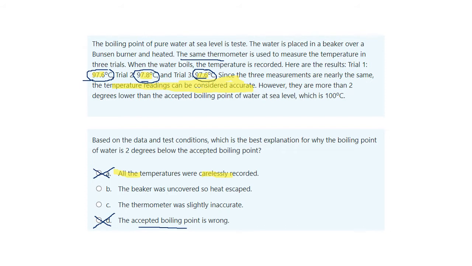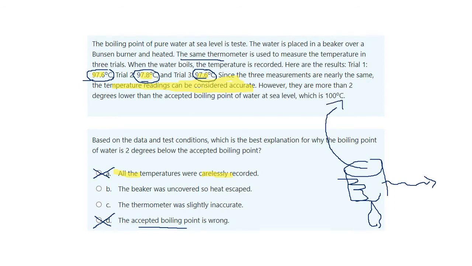So we're left with B or C. The beaker was uncovered so the heat escaped, or the thermometer was slightly inaccurate. Well, if you think about it, any container or any pan that's got a fire under it will be losing heat. It will be losing heat through radiation. If something touches it, like a hand, ow, you will lose heat through conduction. If there's no cover, then you'll lose heat through convection.